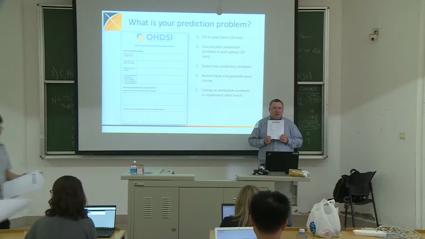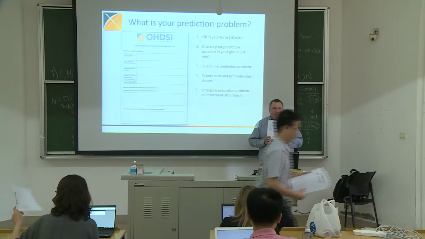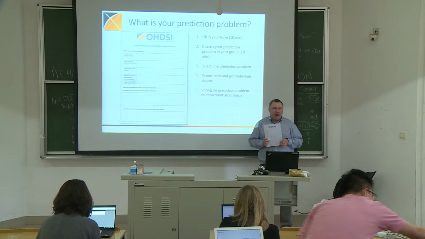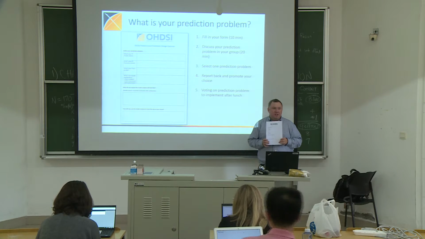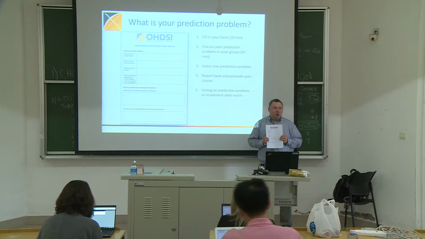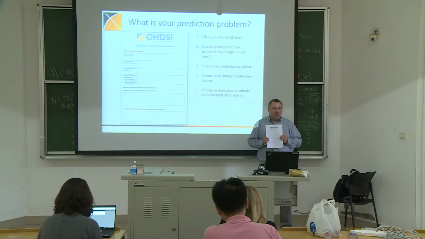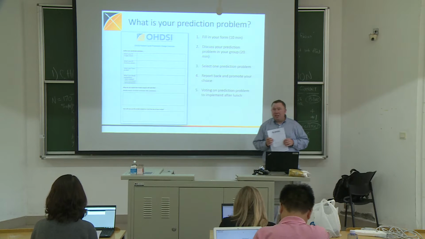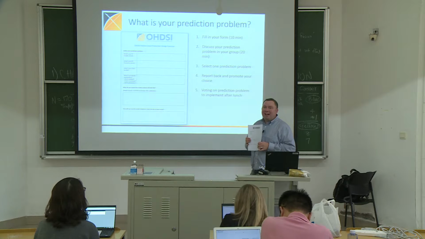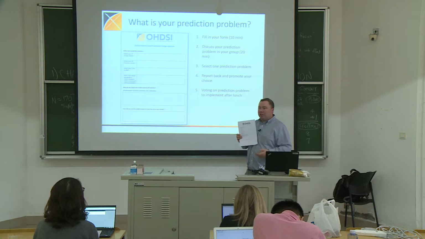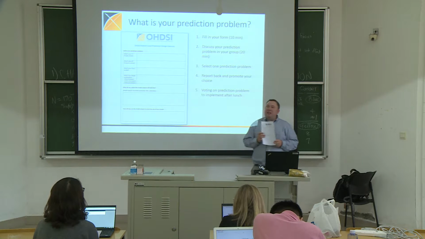The way that I would like for you to think about that question is, if you could answer your prediction question, how would you use that information? How would you apply your prediction to the clinical scenario that you might be interested in?